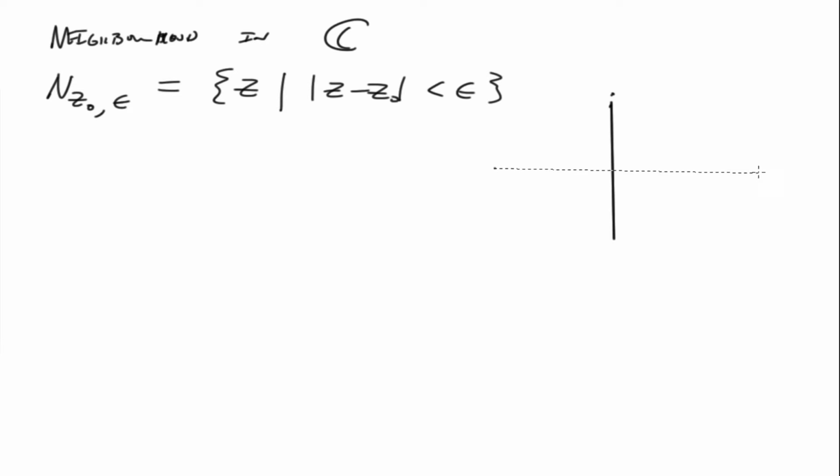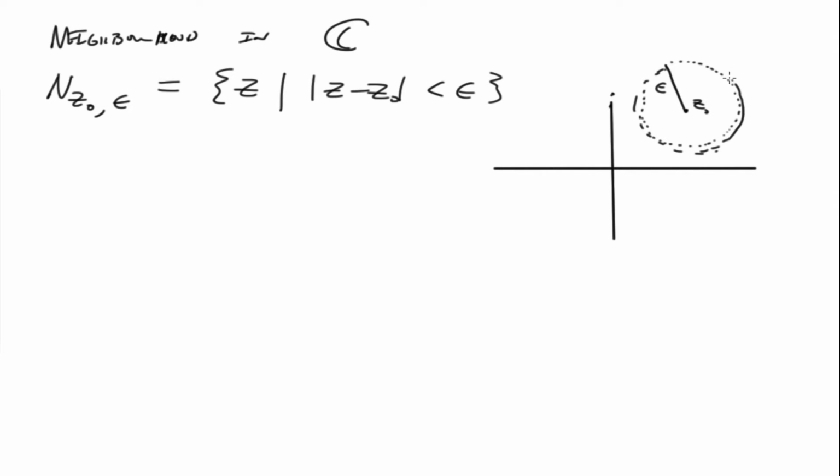Okay, let's write what that would look like in the complex plane. So we have a point, maybe z naught is right there. And the distance means that any point, so if I go out there, maybe some epsilon value, and I can draw a circle around that, like so.